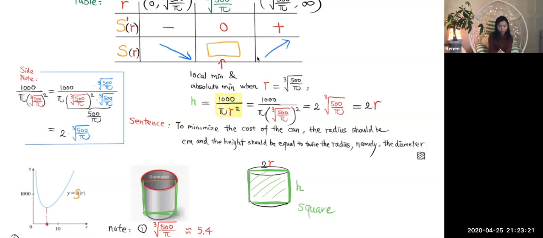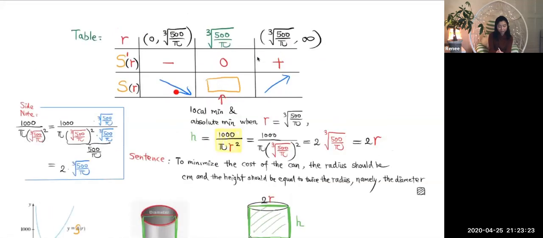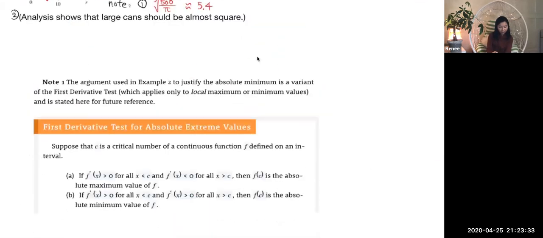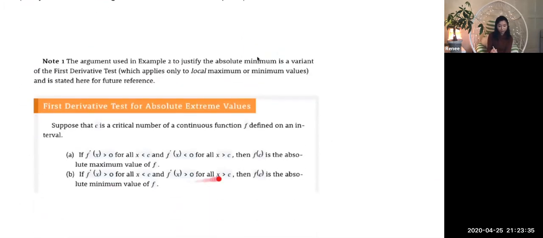However, notice that what I did here in this table, decreasing on the left, increasing on the right, this number here is the absolute min, okay? And in the book, they give that as the first derivative test for absolute extreme value.